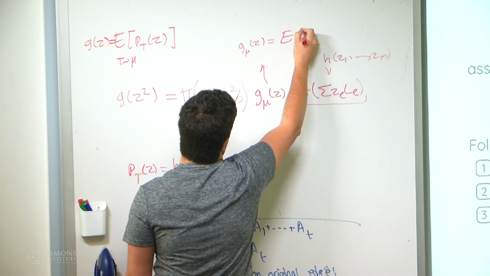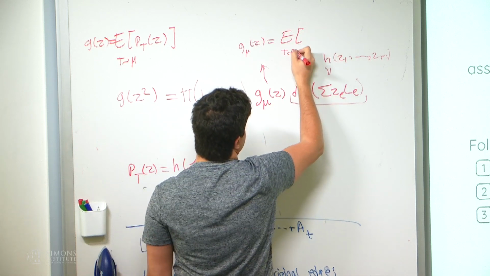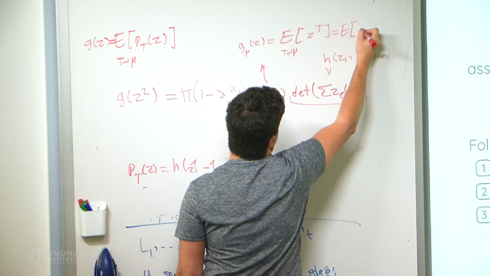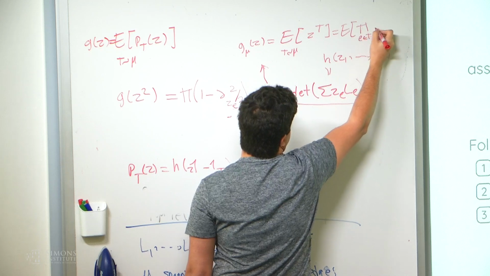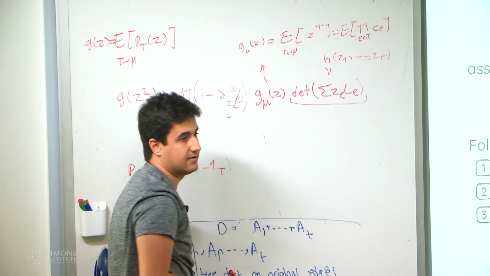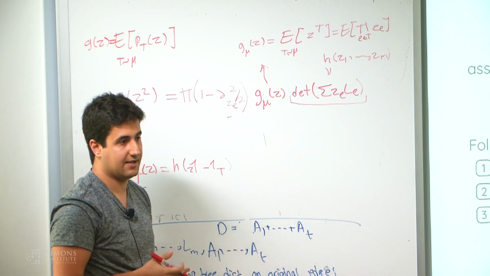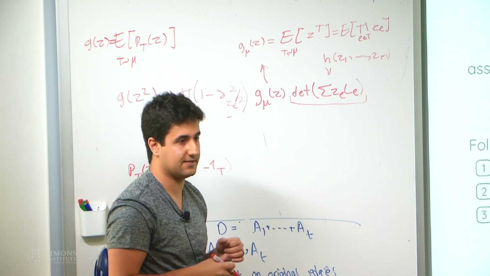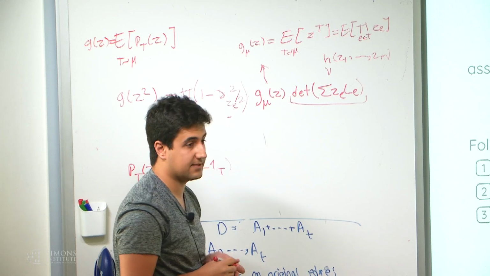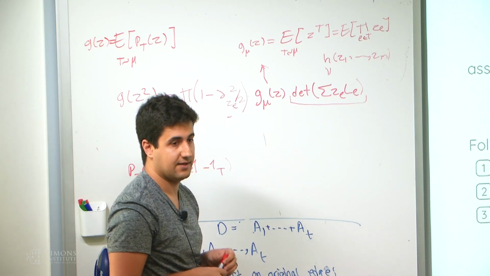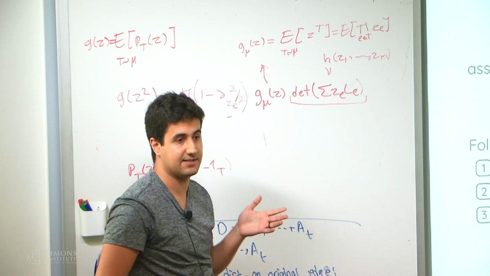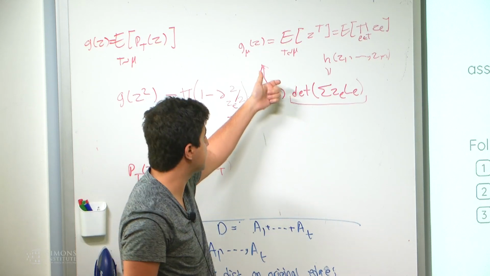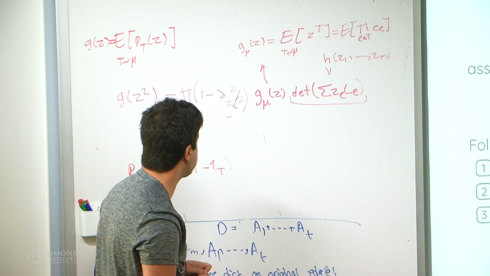It's the expectation, with T chosen according to mu, of Z to the T. It's the same as the expectation of the product of Z_e over edges in T. So for each tree, you can associate a monomial, which is the product of the variables associated to the edges inside the tree. And if you take this expectation over the distribution on the spanning trees, you get a polynomial whose coefficients are basically capturing the probabilities given by mu to the specific spanning trees, right?